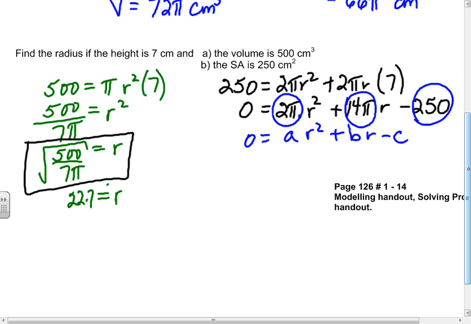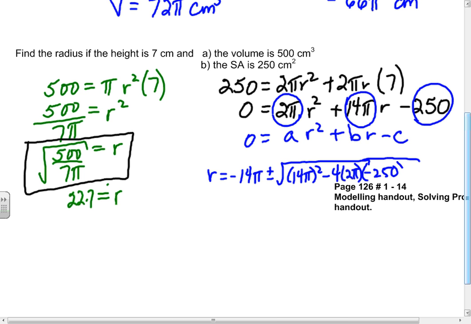All right, my r can be negative b, which is negative 14 pi, plus or minus the square root of 14 pi squared minus 4 times 2 pi times c, which is negative 250, all over 2 times a, which is 2 times 2 pi.